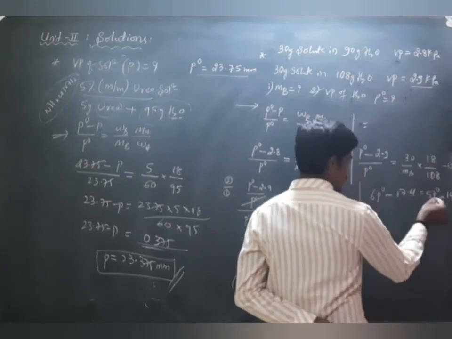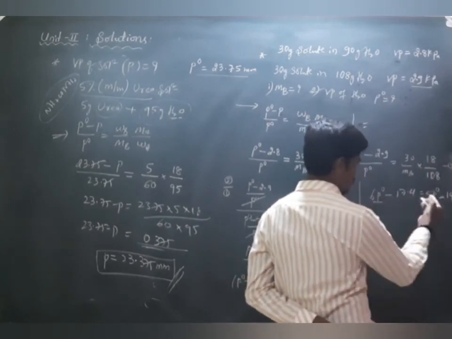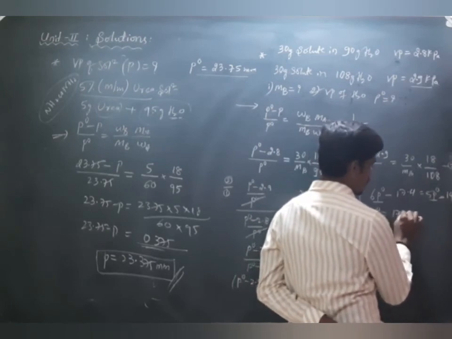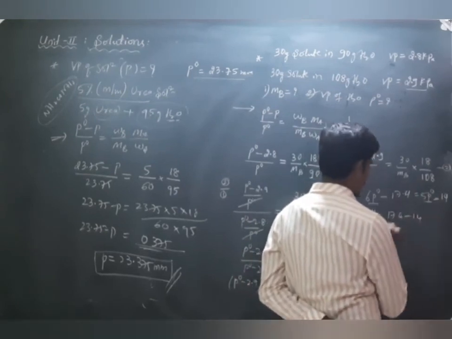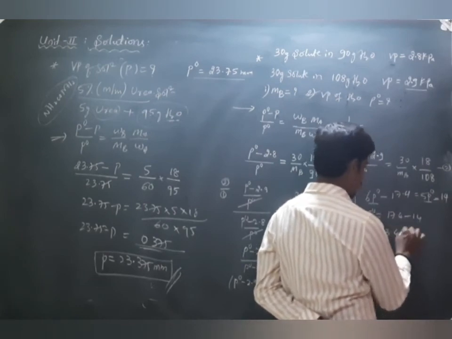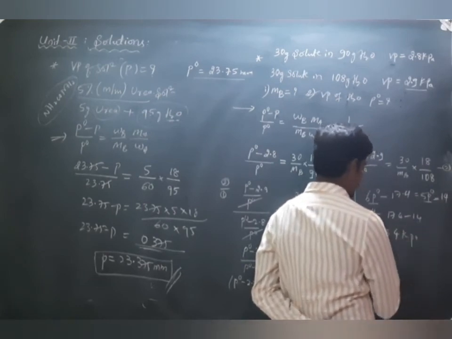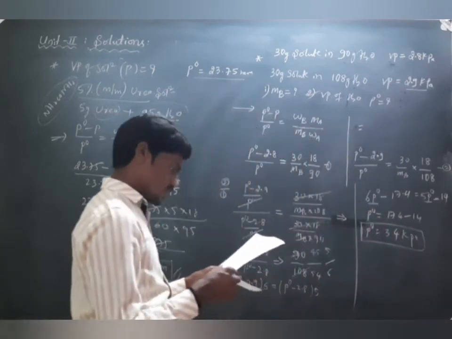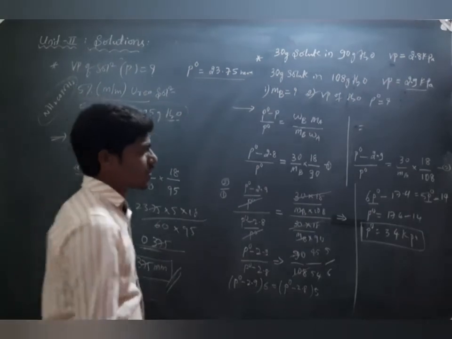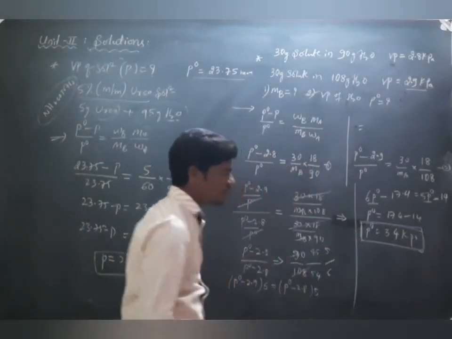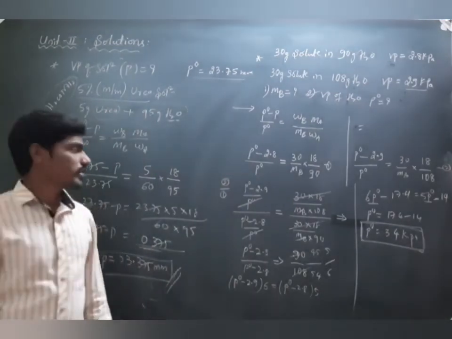So simplify: 6 P naught minus 5 P naught, that is P naught, is equal to 17.4 minus 14. So P naught is equal to 3.4 kilopascal. So now we got the value of vapor pressure of solvent.